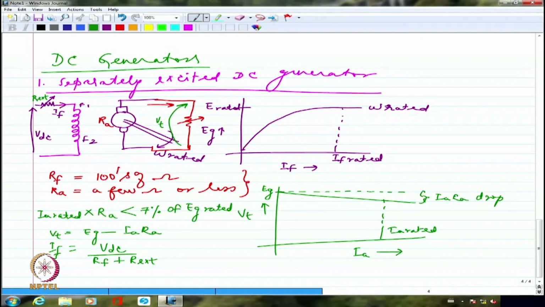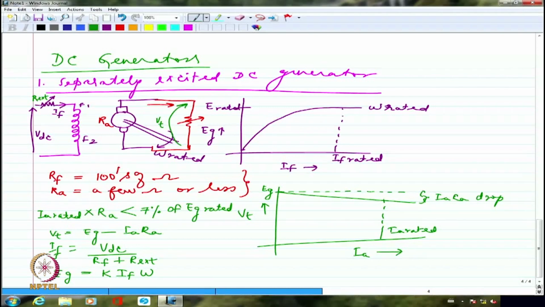Right? And I should be able to say EG is also equal to some constant which corresponds to the number of conductors, number of poles, all those things multiplied by IF, because IF decides what is the flux, multiplied by omega, at which I am driving the machine. Right? So, in this particular case, there is no correlation between IF and IA.